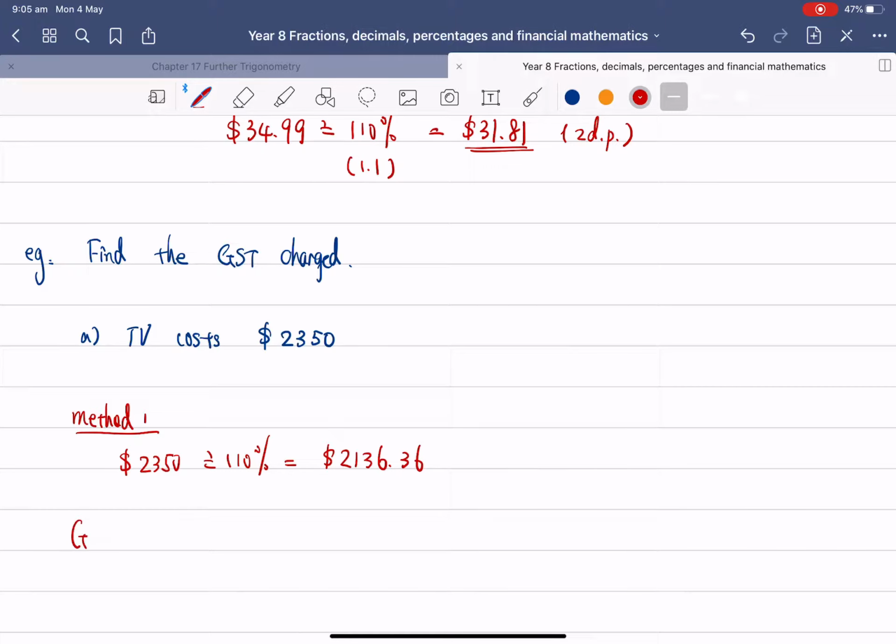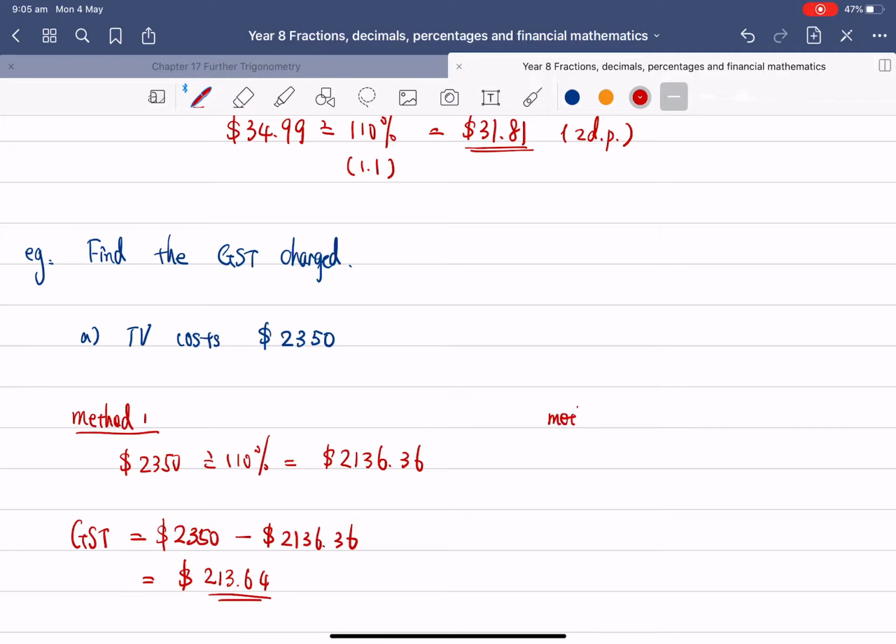Once we calculate that, we find the GST by taking the final price and subtracting the original price before the GST, and you work out how much the tax is. So the tax will be $213.64. All right, so that's the GST charge. That's the first method, which takes 2 steps.